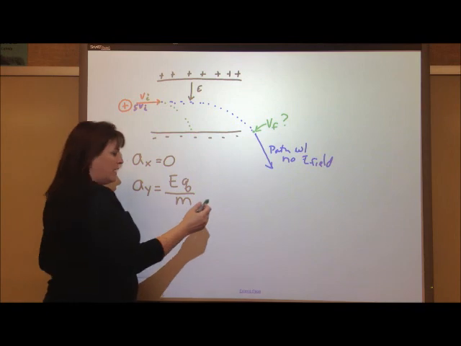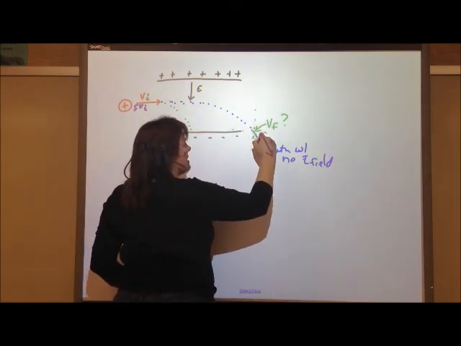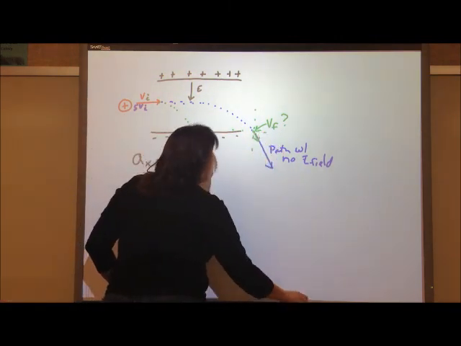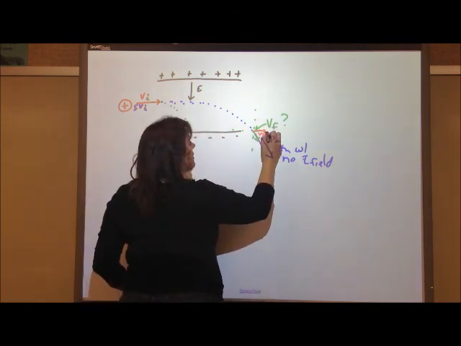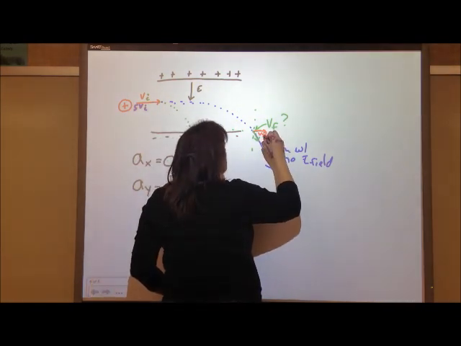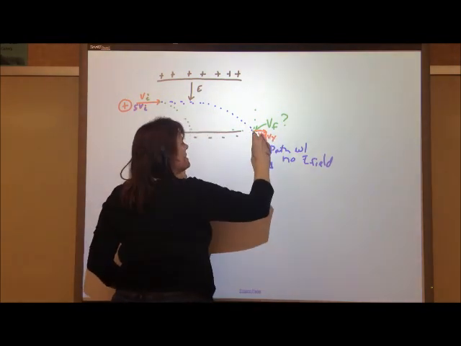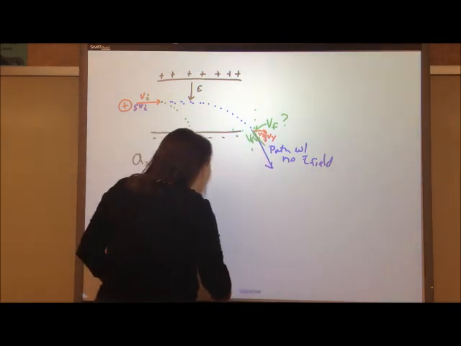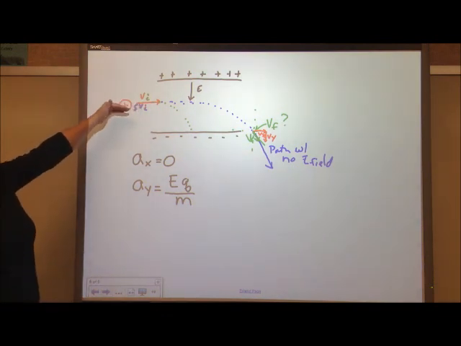Well, if we make a coordinate system, if this is my V final, that means I have a velocity in the x direction and a velocity in the y direction. If I draw a little triangle here, let's make this in red, in order to find my net V final, that is the vector sum of these two components. Now, the velocity in the x is just going to be my initial velocity. I shot it in horizontally.